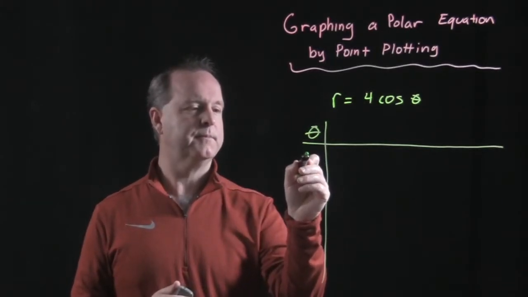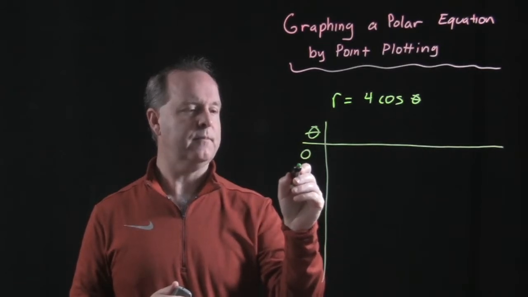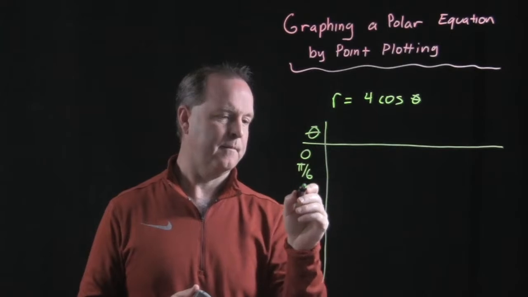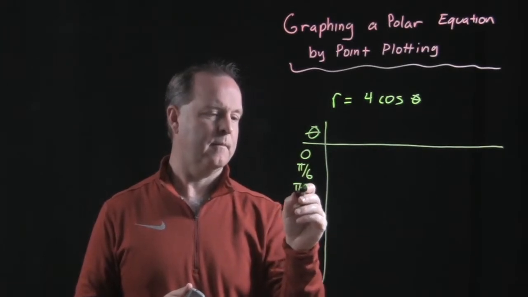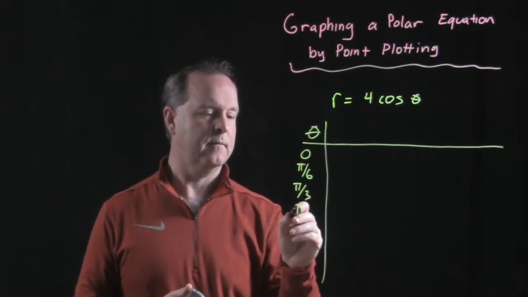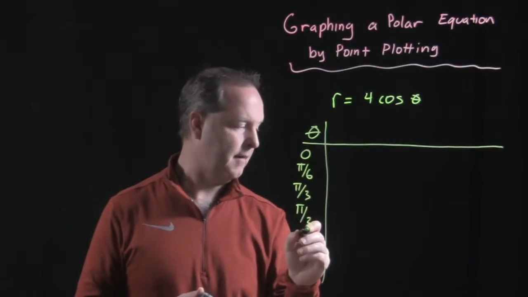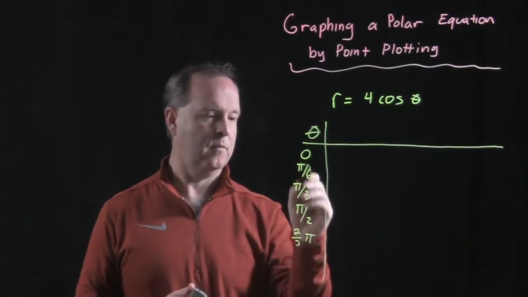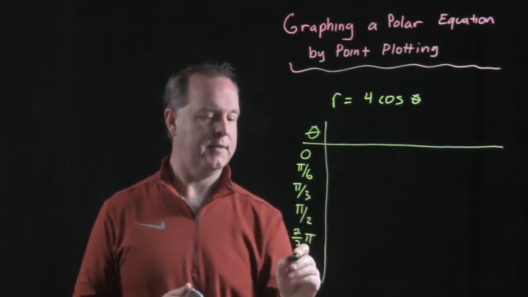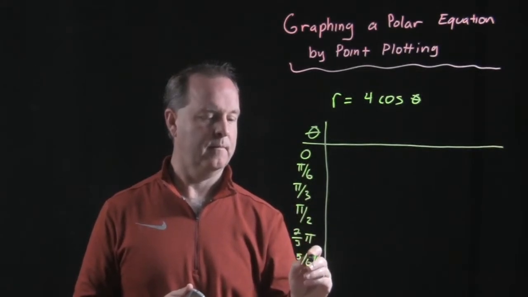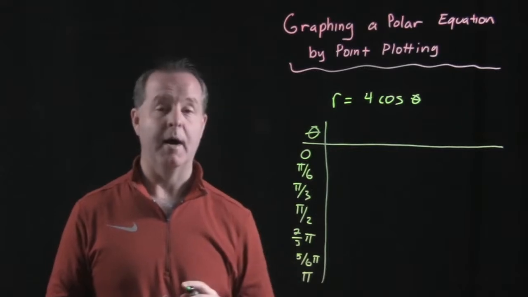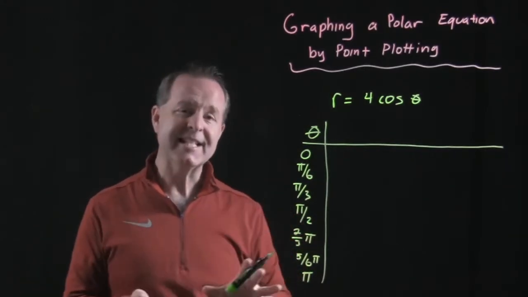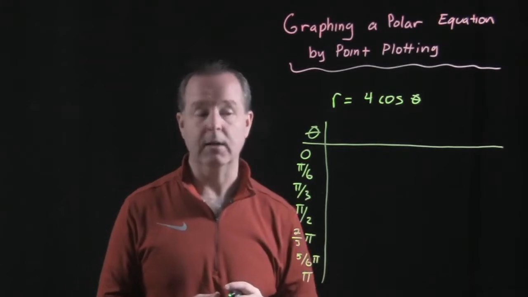So for example, 0, pi over 6, pi over 3, pi over 2, 2 pi over 3, 5 pi over 6, and pi. So there's about 7 points. That's enough to get us a start to see what this graph might look like.